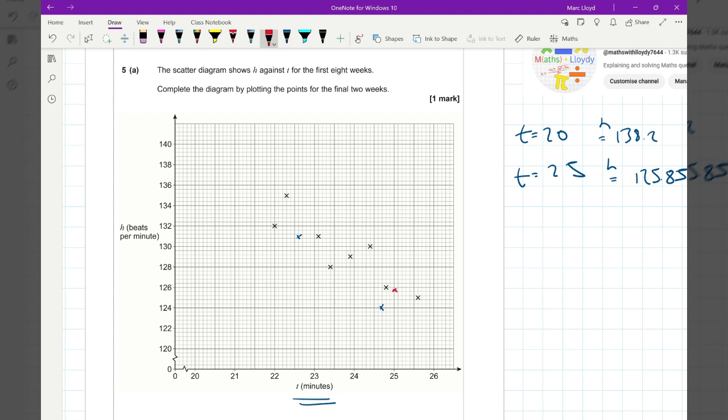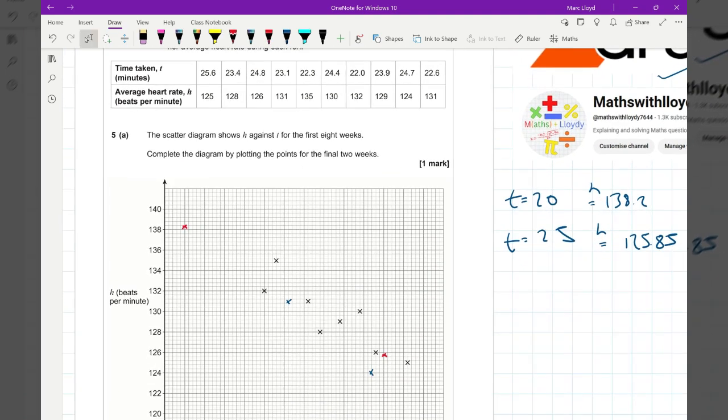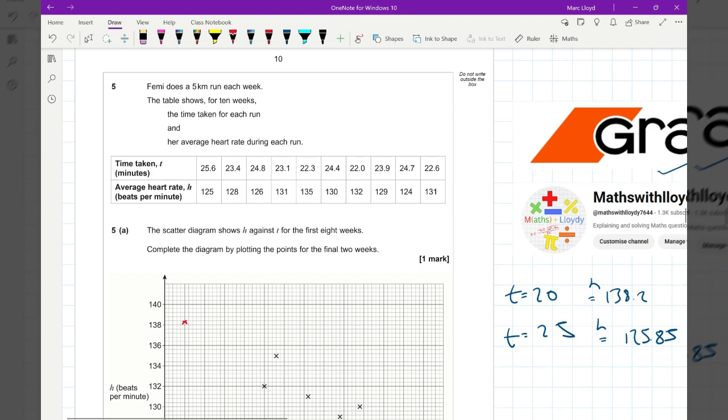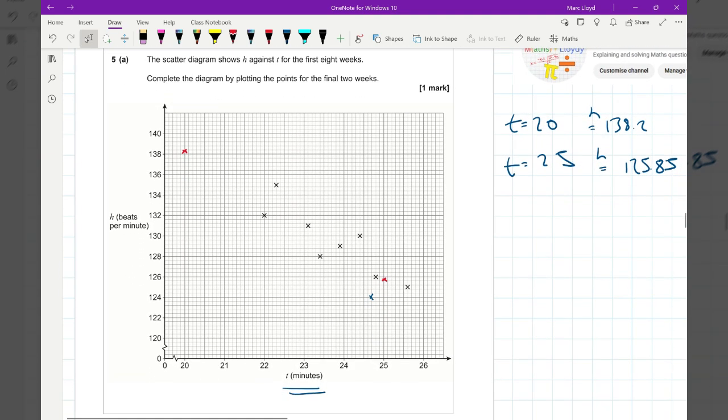In fact, I have to check my answers for the other one. I'm just going to check my answer for that first bit. 124, 131. So that's wrong, the 131. I'm glad I spotted that. So because, what do we have? 22.6, which is just after there.